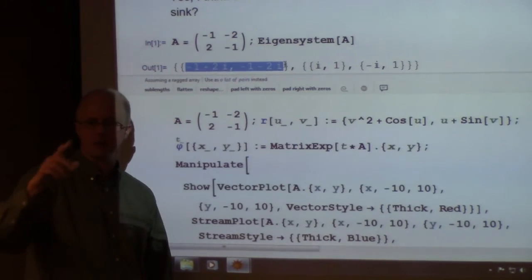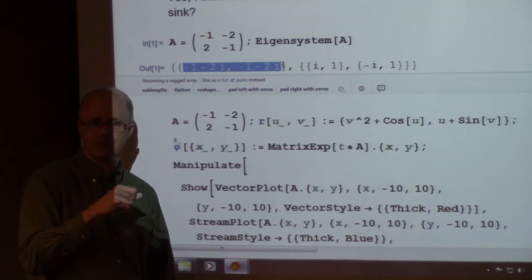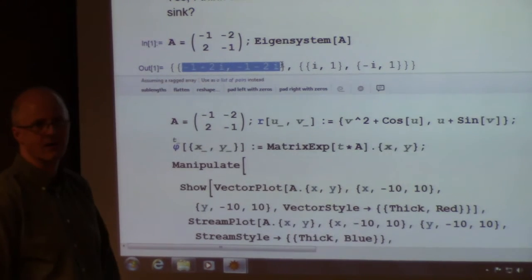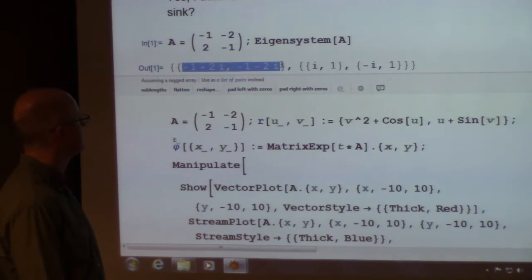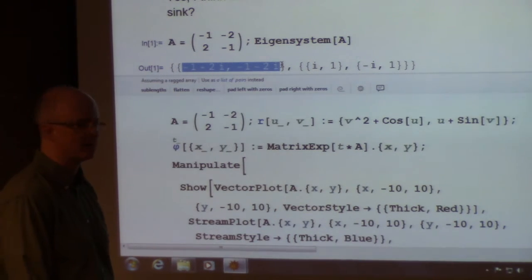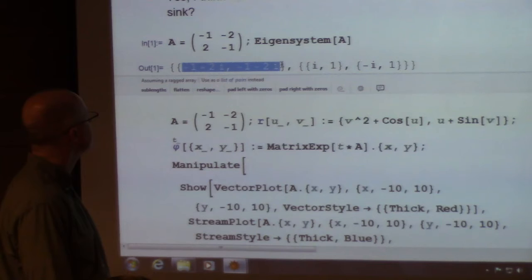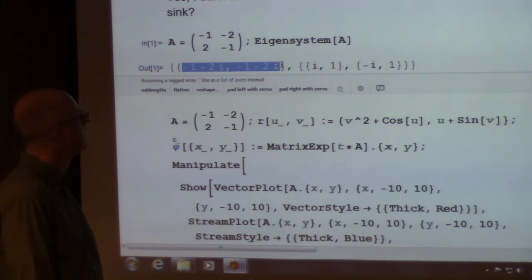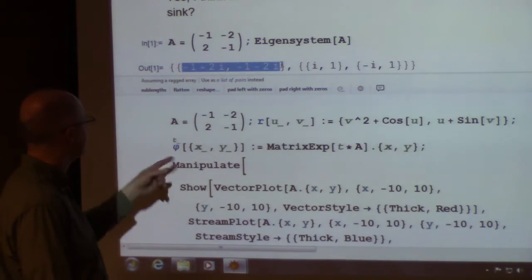Solutions either look like circles or ellipses, which is what happens when the real part of the eigenvalues is 0, but the imaginary part is non-zero. By the way, we haven't dealt with cases where 0 is an eigenvalue yet. That's section 3.5 after the test.